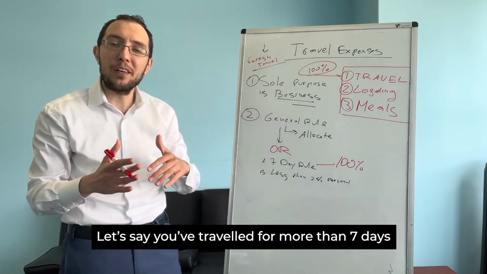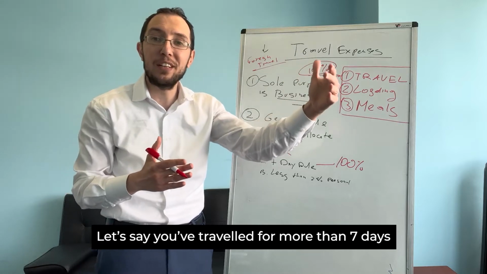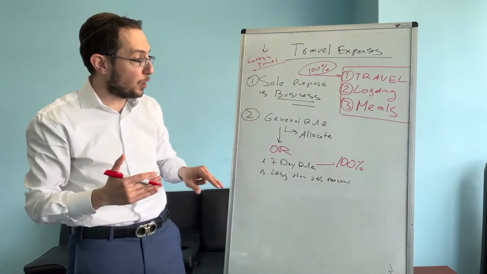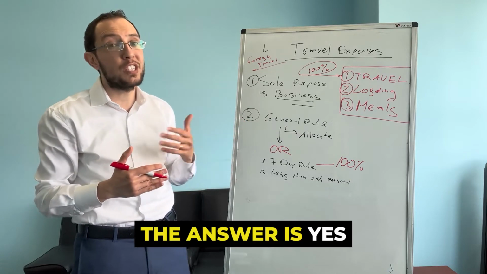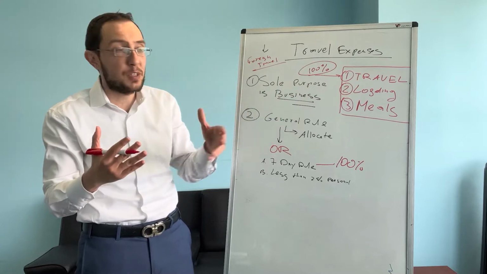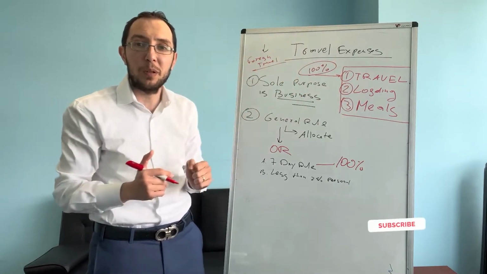Now let's say you've traveled for more than 7 days. Can you still make it deductible? We're coming back to the general rule. The answer is yes. You allocate. If it's 50-50, then 50% of whatever you paid for the airplane is deductible.